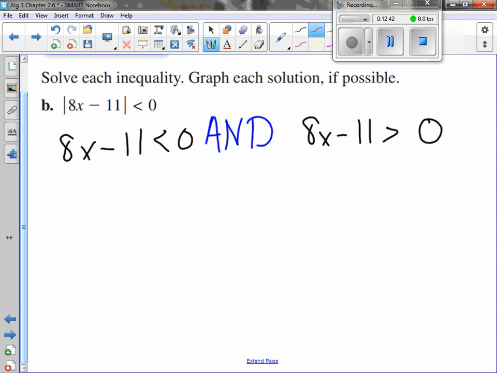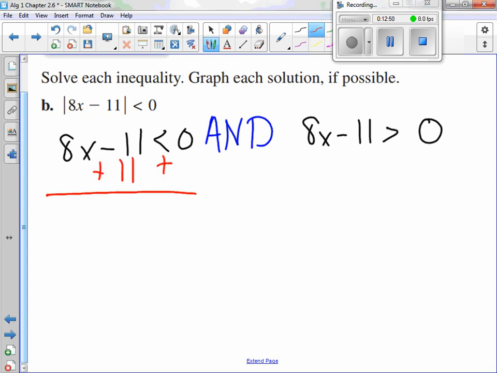Now we need to solve. So solving this one here for x, our first thing we need to do is to what? We need to get 8x by itself. So we get 8x is less than 11.